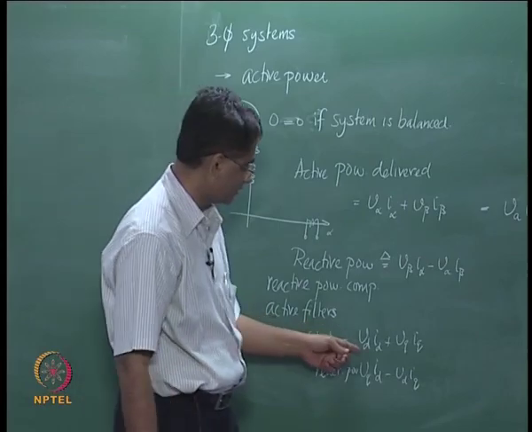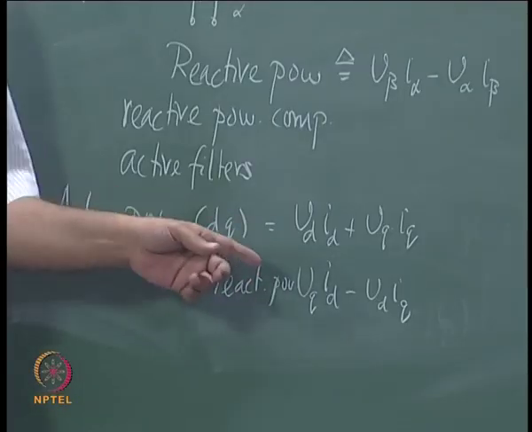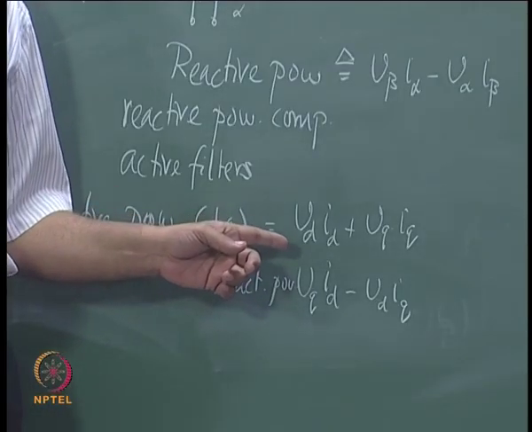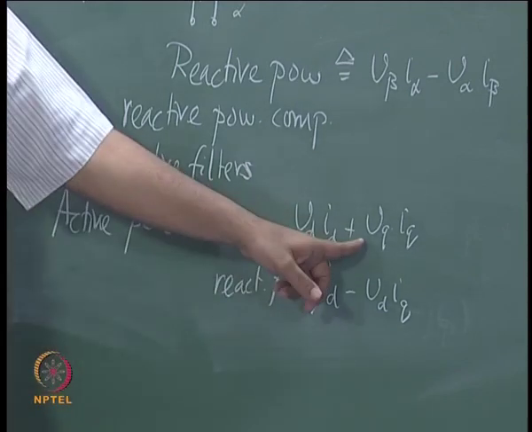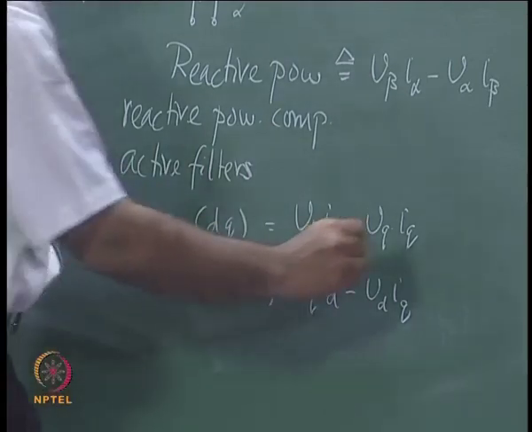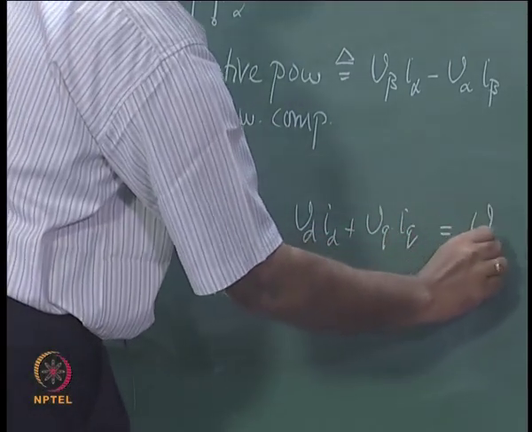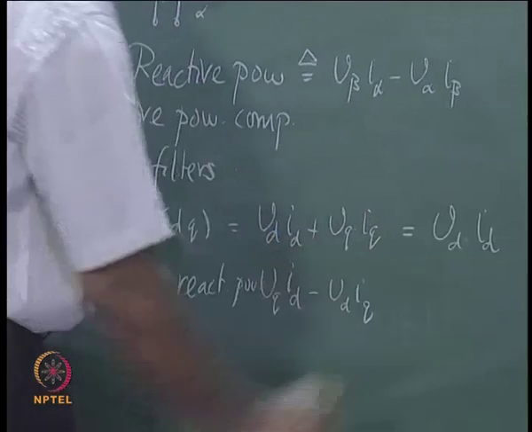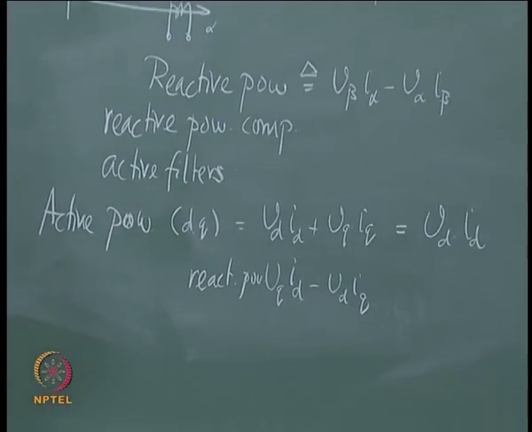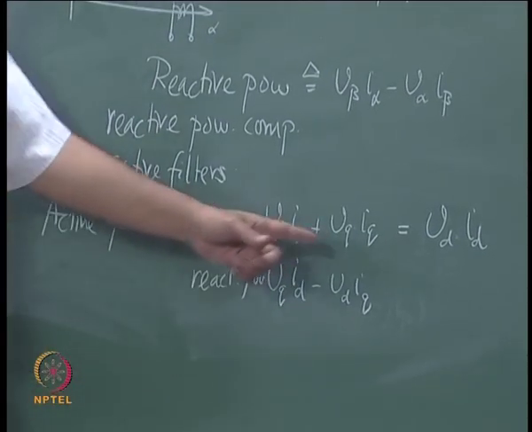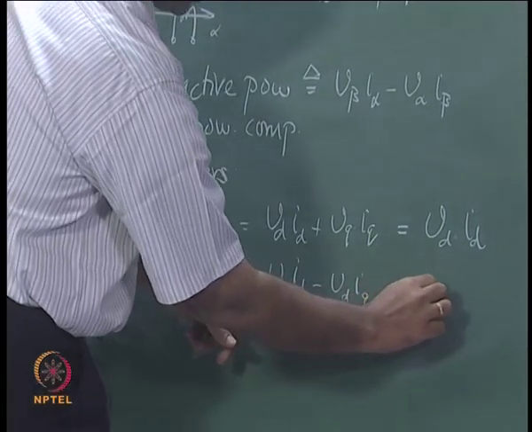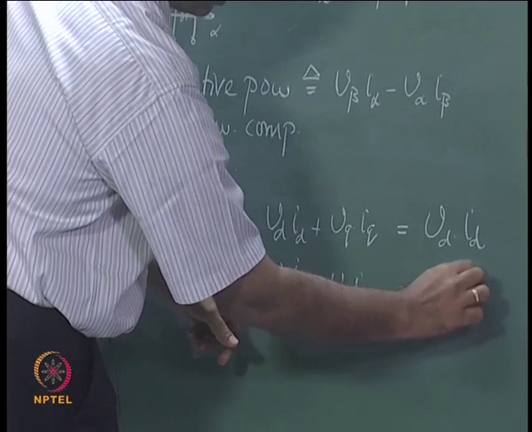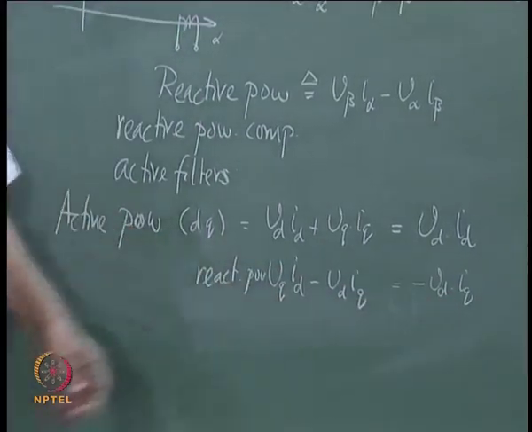Let us say for example you are aligning the D axis of the reference frame along the space phasor of V, then Vq becomes 0, in which case active power is simply Vd into Id. And if Vq is 0, that means the reactive power would then be minus Vd into Iq.